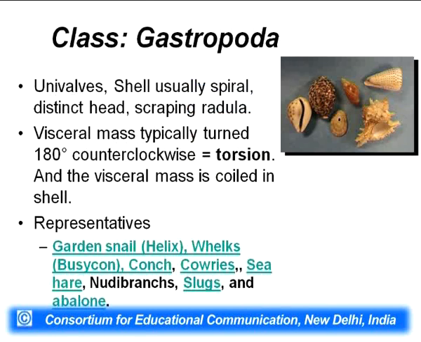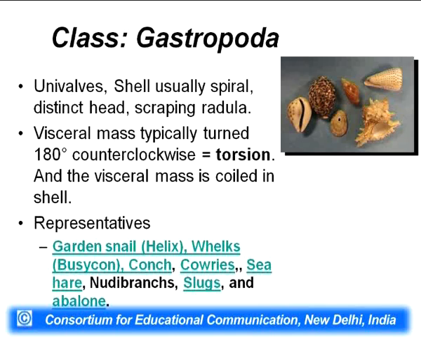The fifth category is the Gastropoda. In the name Gastropoda, gastro means the stomach, poda for the foot, and generally the positioning of the stomach is near the foot. They have a well-developed shell.